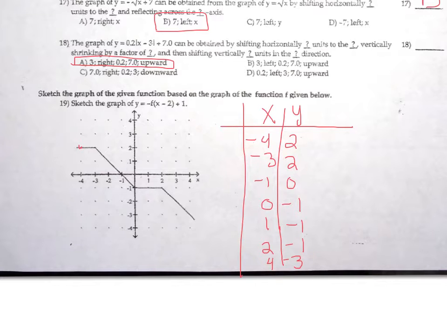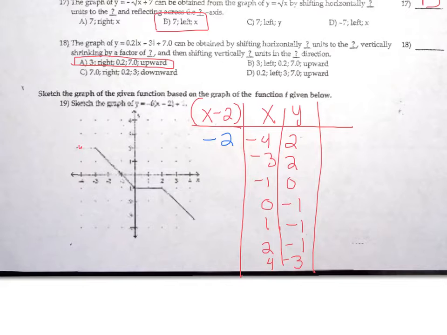Then what you need to do, if I have an x minus 2, what is the x minus 2 going to do? Add 2 to the x, right? So add 2 to the negative 4 is negative 2. Add 2 to the negative 3, negative 1. Add 2 to the negative 1 is 1, 2, 3, 4, and 6.